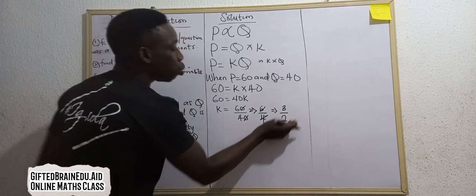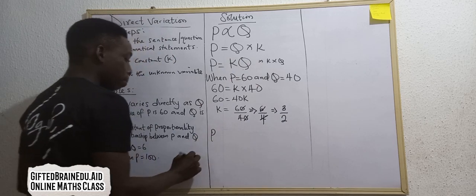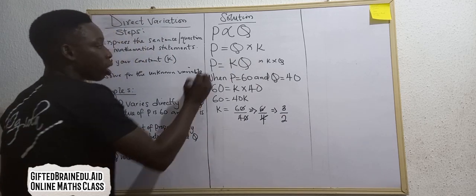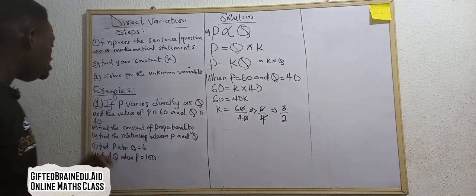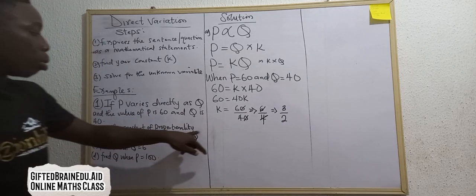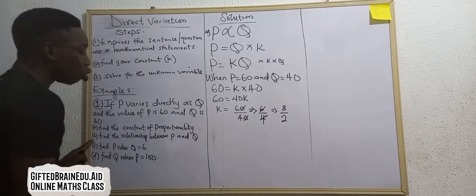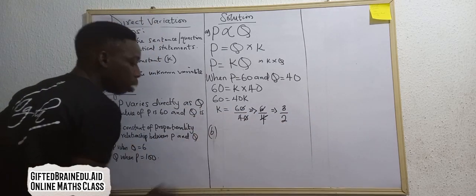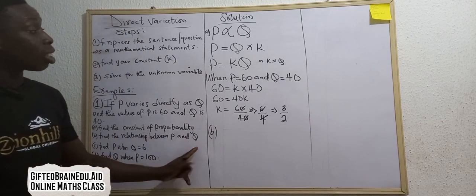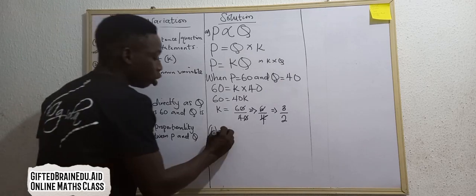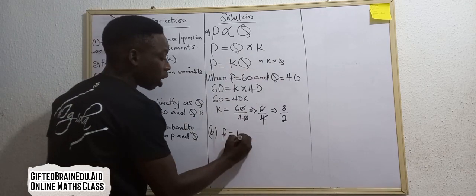Then we go back to put this 3 over 2 inside this formula. We had to find the constant of proportionality, so the A part of the question has been solved. The constant of proportionality is 3 over 2. Now let's go to the B part of the question. It says we should find the relationship between P and Q. It's very simple. The normal relationship is P equals KQ.